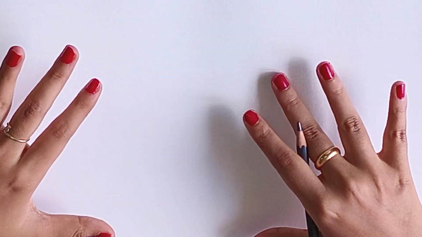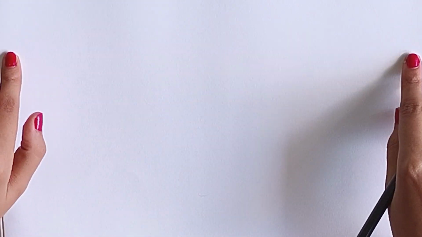So the first thing I want to do is I'll create an X on the paper. You can use your scale, but I use my hands for this because I believe in freehand drawing.